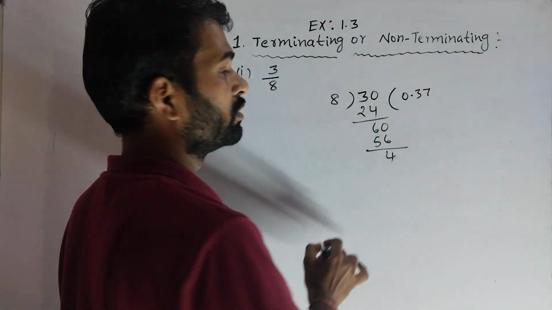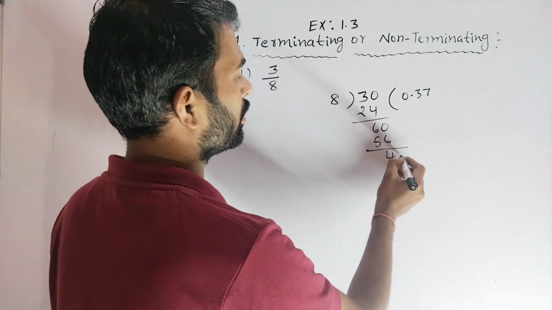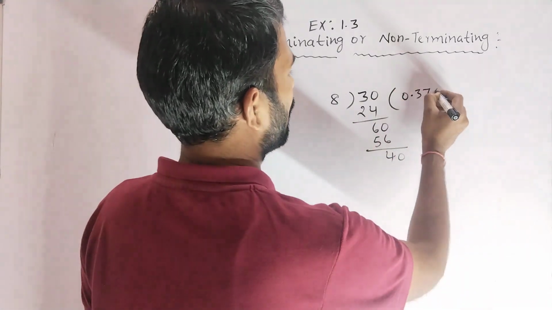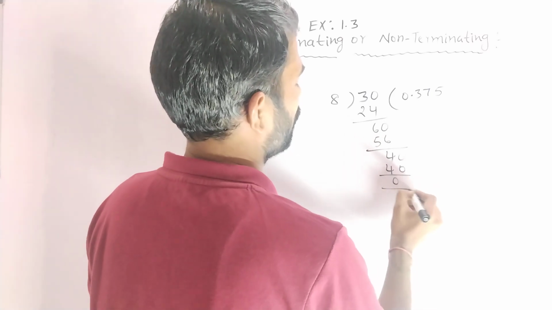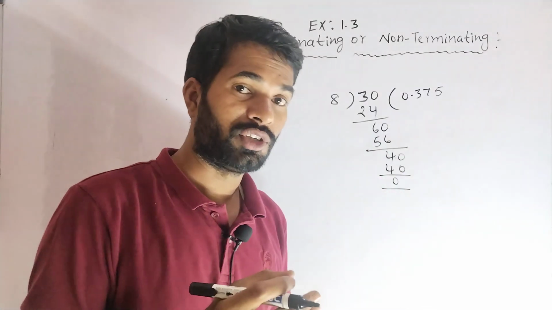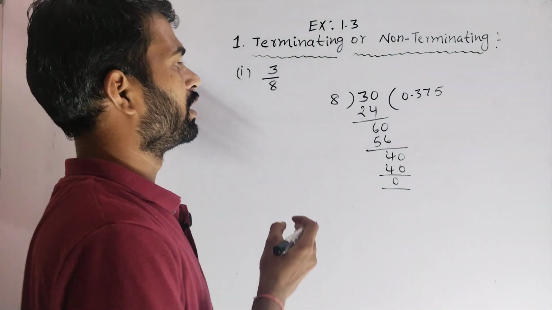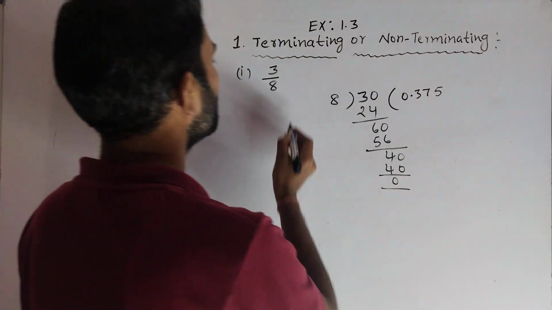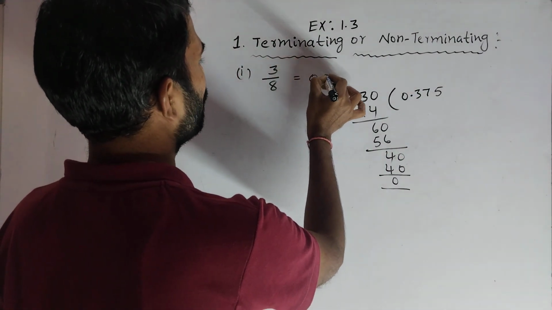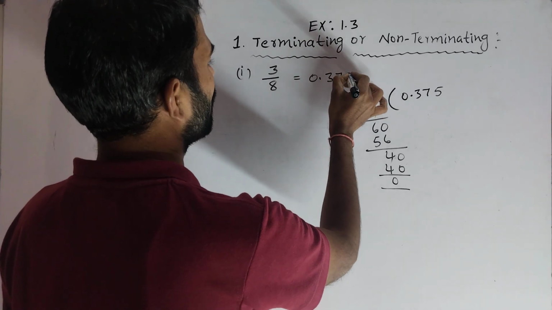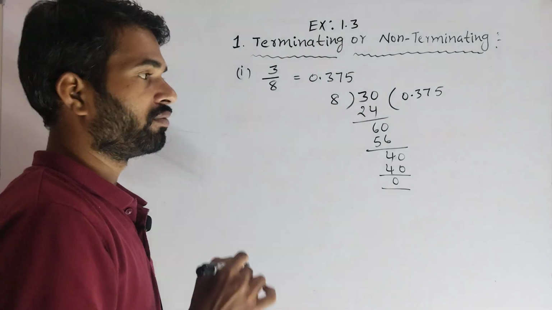Again 4, again we can take point 0, 8 5s are 40. When we get a remainder of 0, then that number is terminating. So the decimal form of 3 by 8 is 0.375. This is the decimal form.